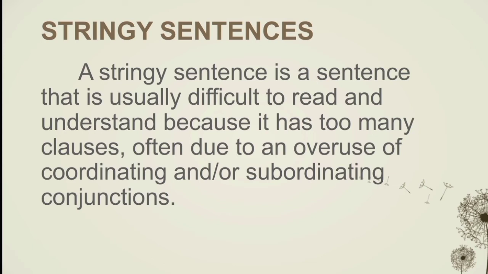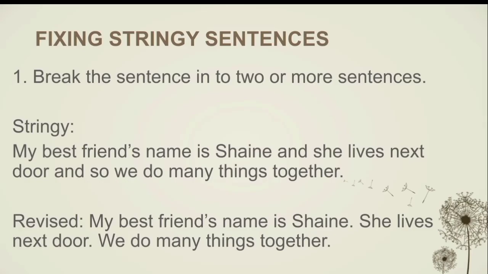So, they ramble on and on para lang mapadami yung sentence, which is mali. Right, so how are we going to avoid these string sentences? Okay, so all we need to do is to break the sentence into 2 or more sentences. But take note, we should be aware of the sentence structure bago natin siya ayusin.